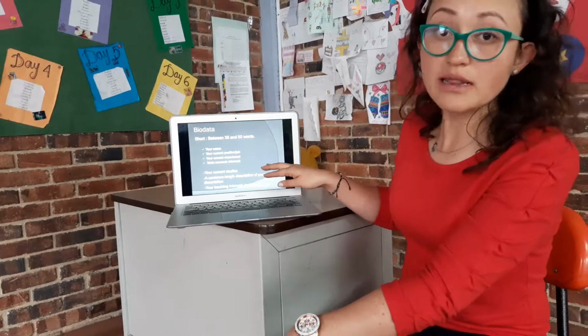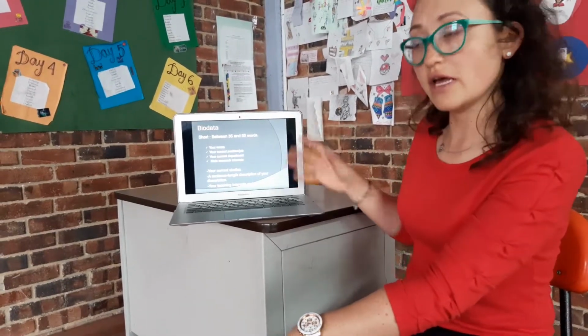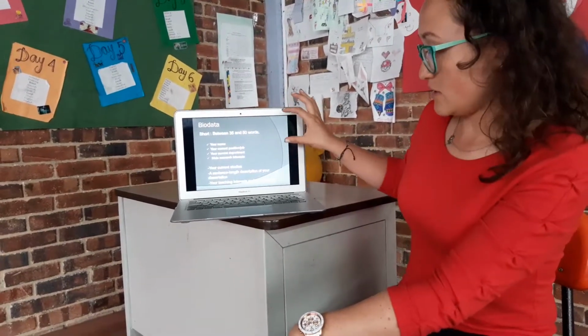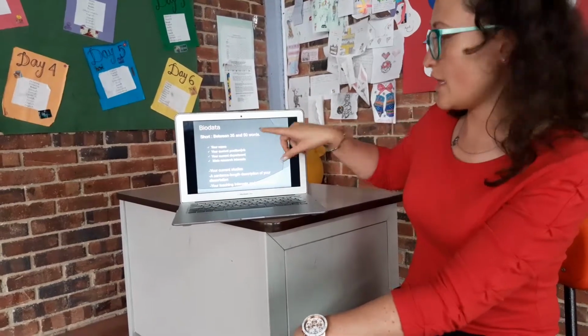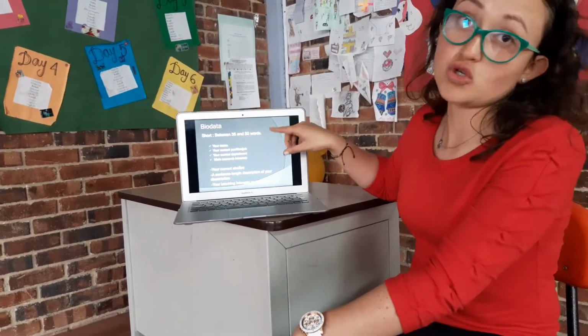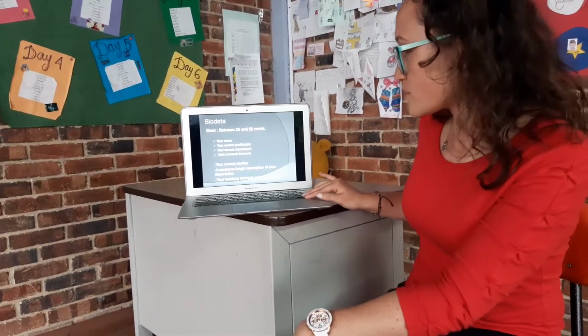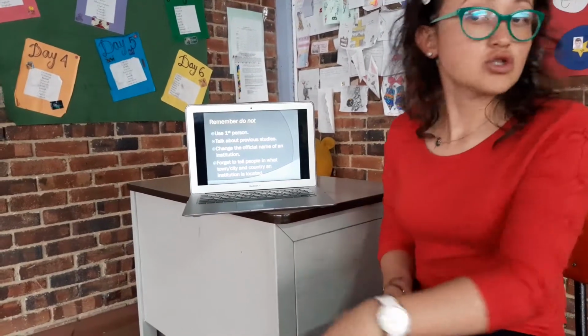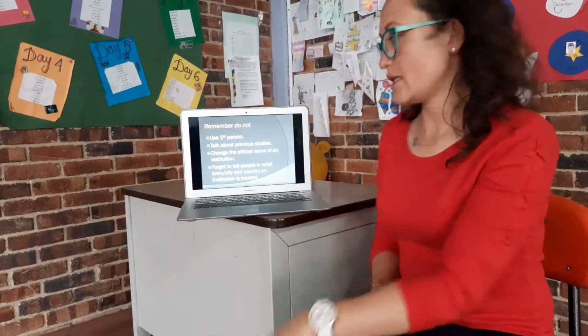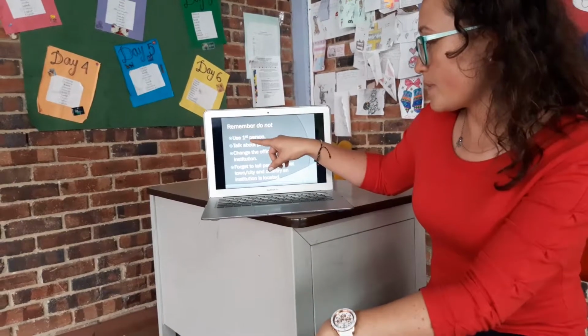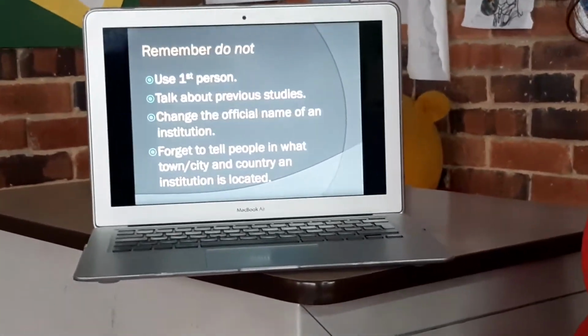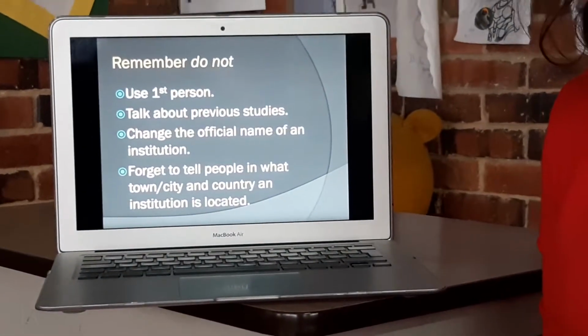This is optional if you have, as I told you, the space to do it, because it's recommendable that you do it with 50 words or fewer. In a biodata, you can't use first person. You need to talk in third person.